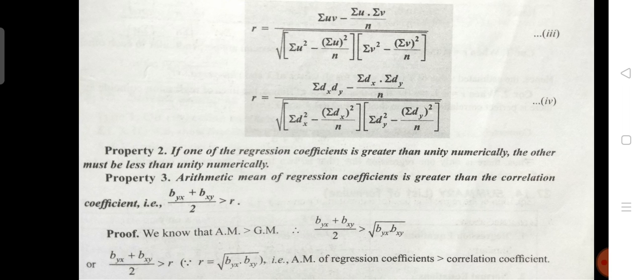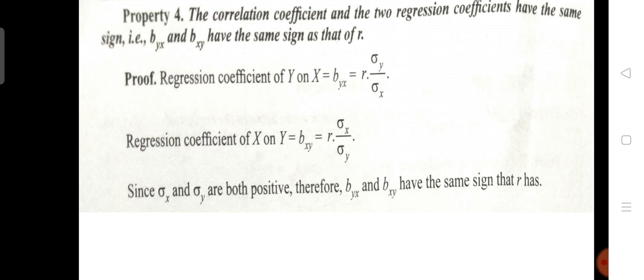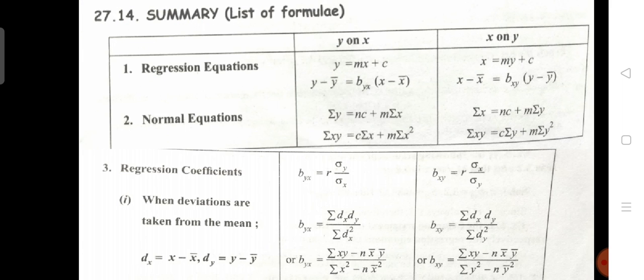Third, the arithmetic mean of the regression coefficients is greater than the correlation coefficient, that is, byx plus bxy by 2 is greater than r. Fourth, the correlation coefficient and the two regression coefficients have the same sign. This is the last property.